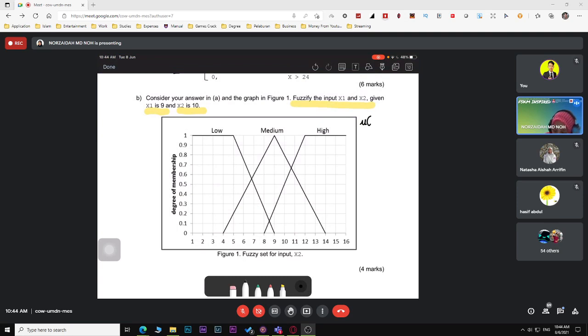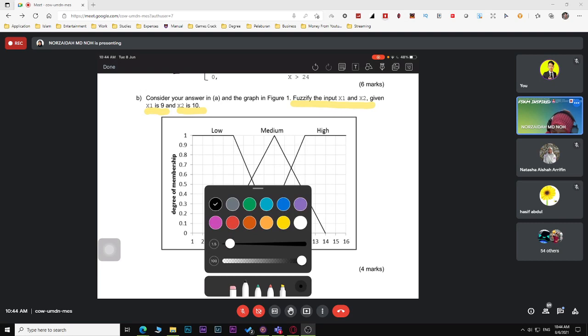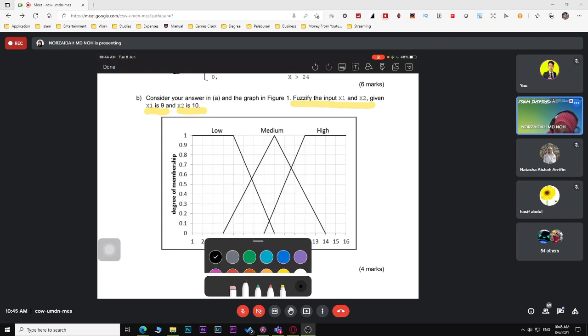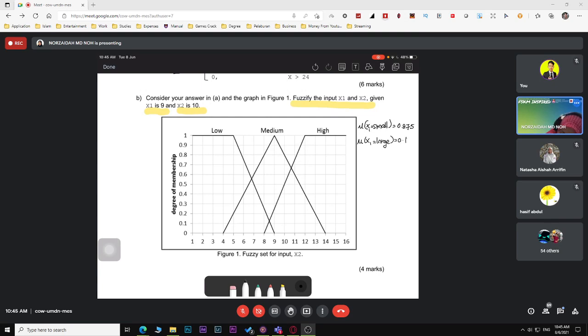So mu for x1 is small sama dengan 0.875. Okay, mu for x1 is large, 0.125.